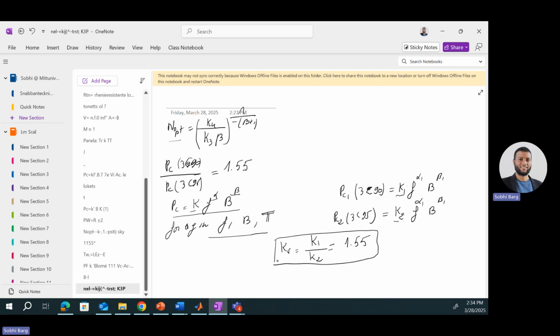So KR for other test conditions will be smaller than this one, because we have approximated this, and we have seen that for a real application this ratio is smaller. This KR is equal to K1 over K2. It's basically PC1 divided by PC2, since alpha 1 and beta 1 are the same for both materials.